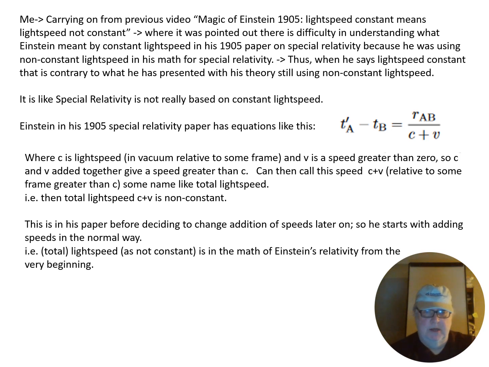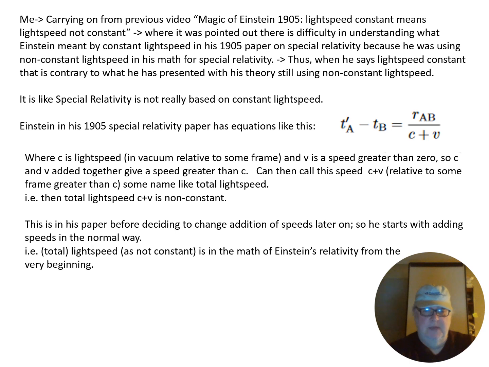So Einstein in 1905, special relativity paper, wrote equations like this, shown here. The thing to note is the C plus V, where C is light speed in vacuum relative to some frame, and V is a speed greater than 0.